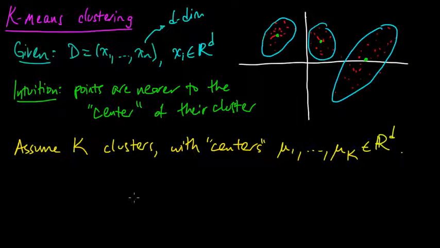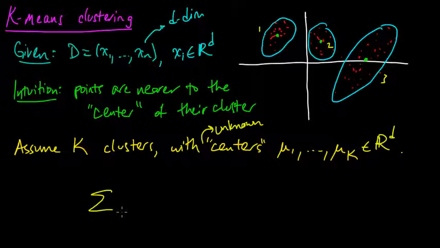So let's say we have some unknown centers here. One measure of how good a clustering is would be the sum of the distances to the center. Say this is cluster 1, cluster 2, and cluster 3. For cluster 1, we would have the sum of the distance.